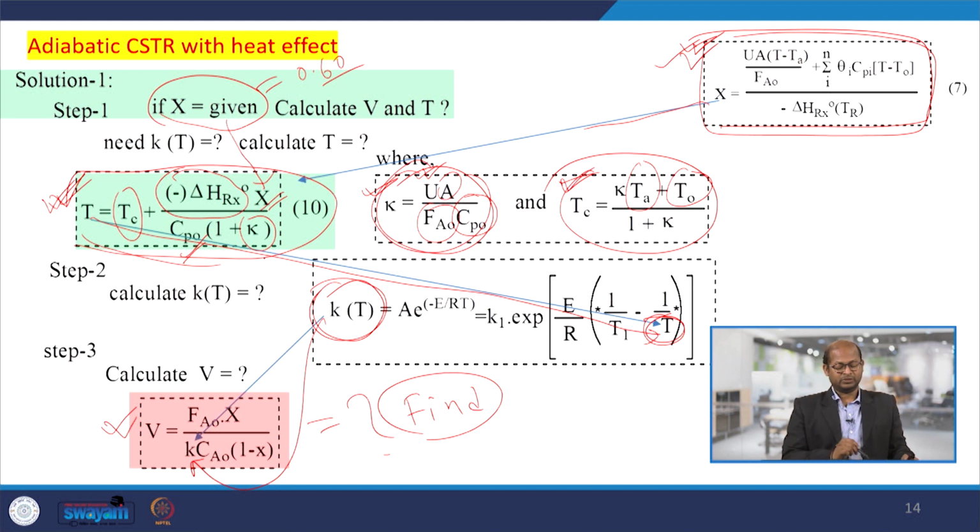If you know the heat of reaction and Cp0, then we know the temperature, which we can put here, then the K(T) value will come out, and we put it here. Then Fa naught, Xa, and Ca naught are known, and then we can find the volume of the reactor.